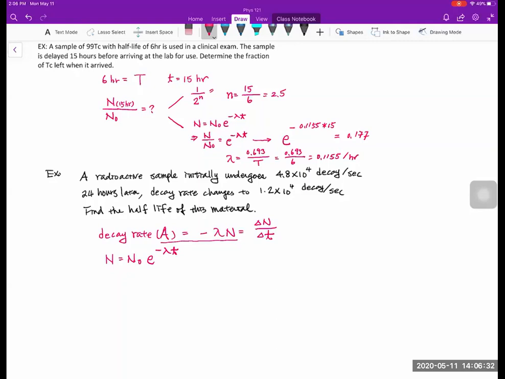So I can put this into my decay rate and write it in another way. My decay rate, change of N over change of time, is equal to minus lambda N, and I'm going to replace the N with my exponential function. I get minus lambda N0 e to the minus lambda t.